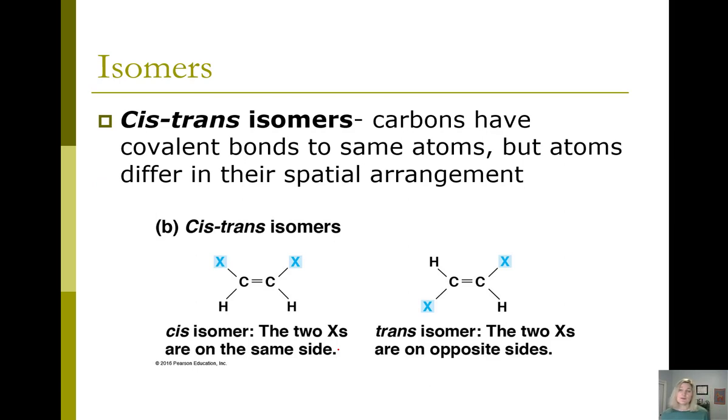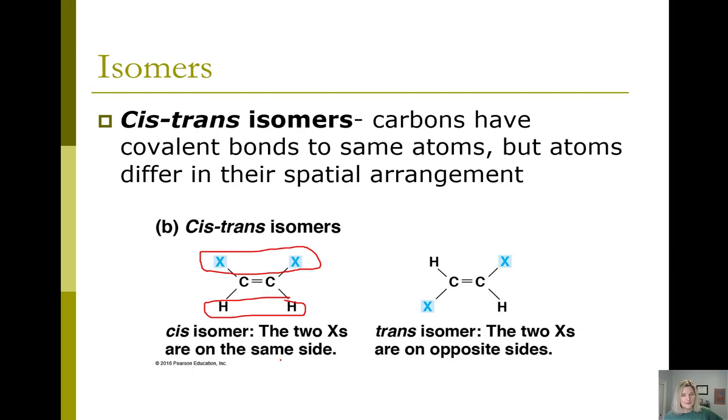We can also have something called a cis-trans isomer. So in cis-trans isomers, you'll notice the position of the hydrogens in relation to the other isomer. So in this case, in this made up molecule, we have carbons double bonded with each other. And then you notice we have the hydrogens on one side. Okay, so this is called a cis isomer because the other ones are on one side.